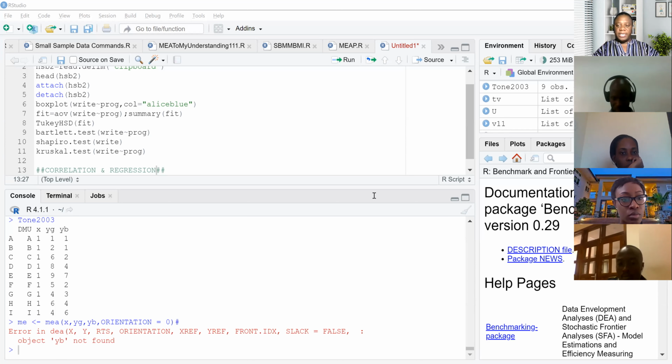It is probably the singular most, the broadest, the most expansive topic in the world of advanced quantitative research. So I want to do it in a very, very simple way for you to get it.